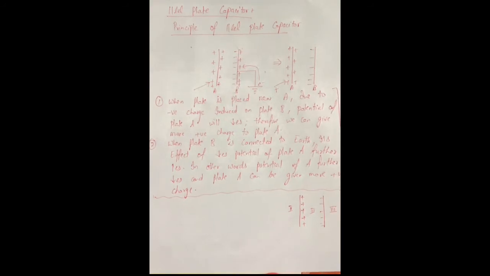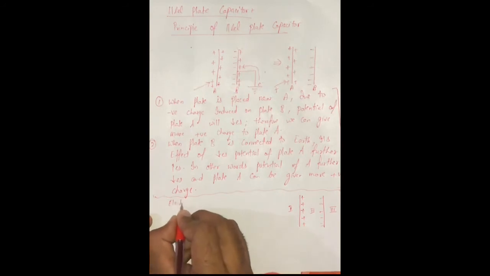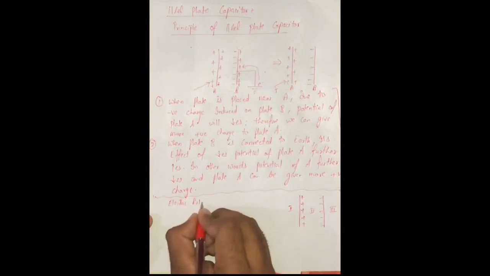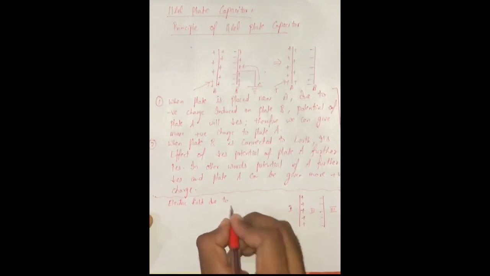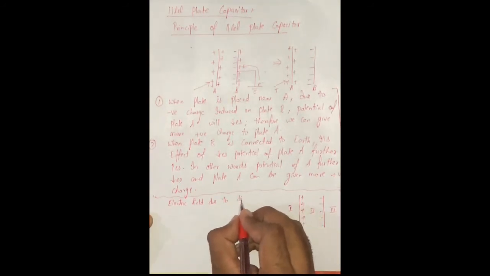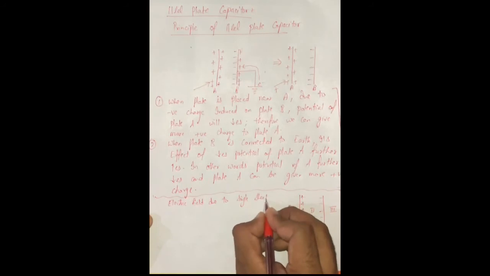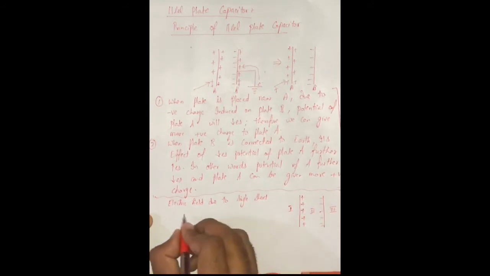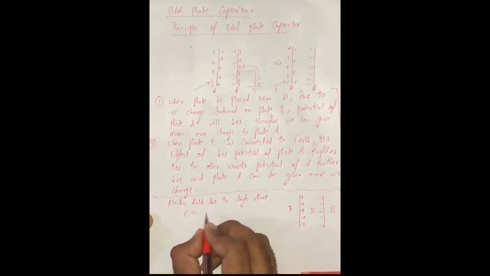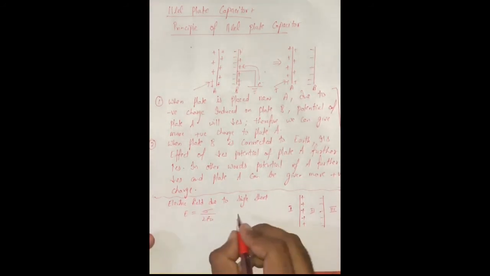In case of two infinite parallel sheets carrying opposite charge densities, what we did, we found that the electric field due to a single sheet was E equal to sigma by 2 epsilon naught, where sigma is surface charge density.